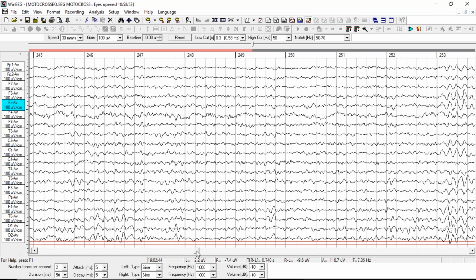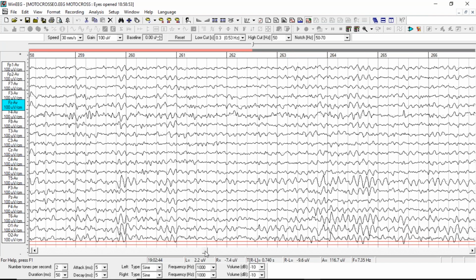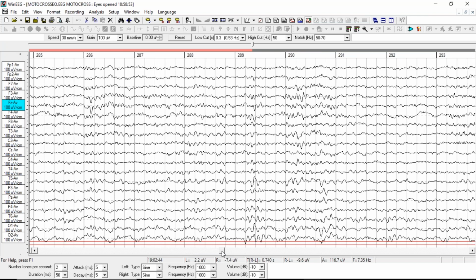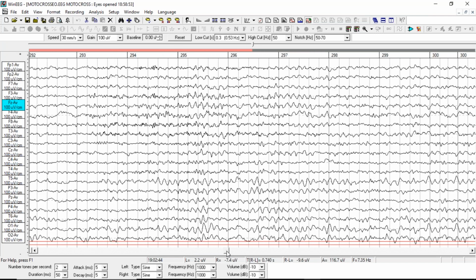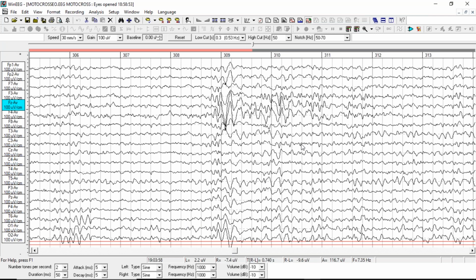Since he hasn't reported any convulsions or seizures, nobody bothered looking at it from a functional perspective and thought that he was functioning rather well.